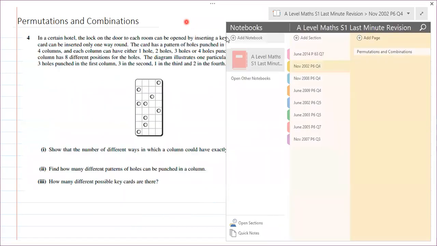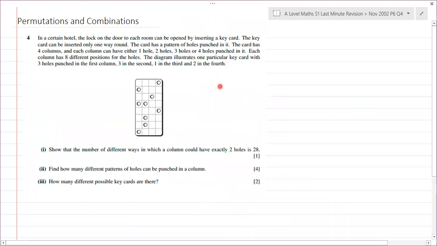Now, the second question is this. In a certain hotel, the lock of a door to a room can be opened by inserting a key card. The key card can be inserted only one way round.